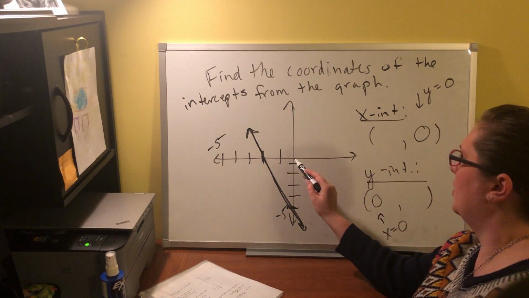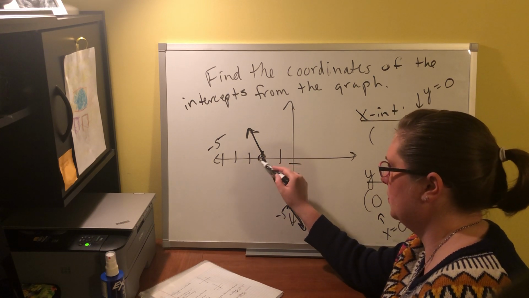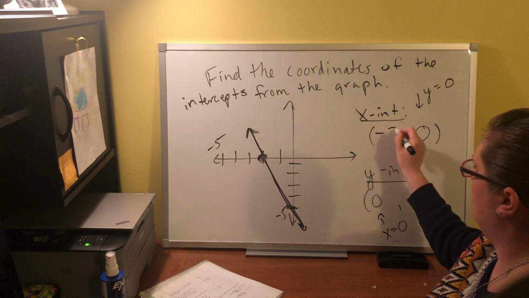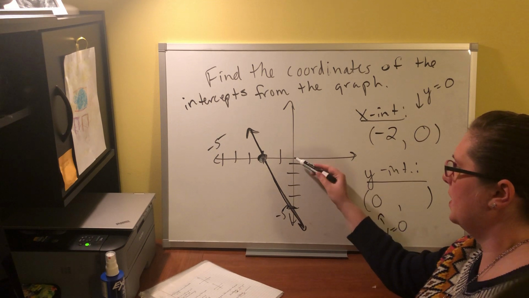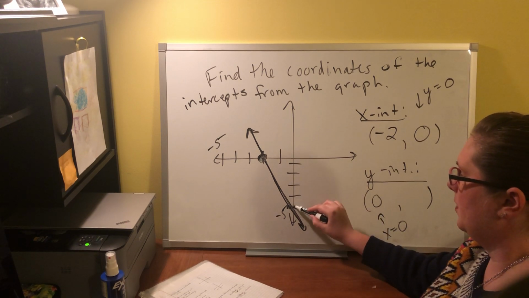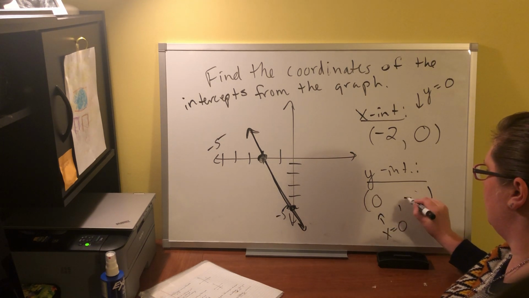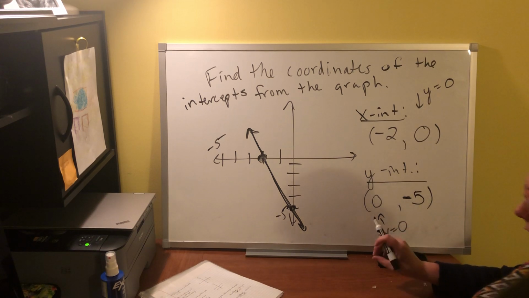So looking here for our x-intercept, we know we're going to have to move to the left 2 and up and down 0 here. So this is going to become -2, 0 from the graph. Now we're going to look at our y-intercept. When I'm going right and left 0 and I'm coming down, I'm crossing the axis here at -5. So then the y-intercept would be 0, -5.